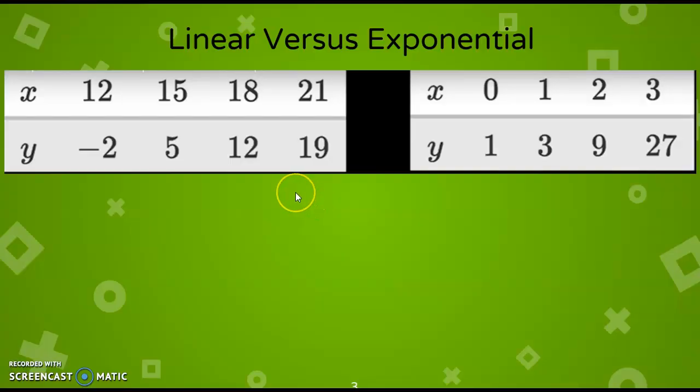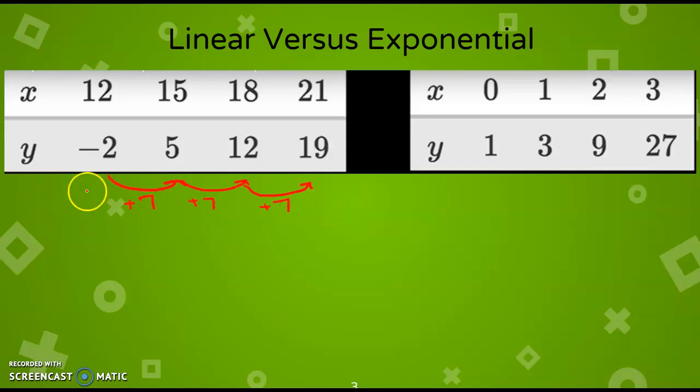So how can we tell the difference between a linear function and an exponential function? Well, we remember that a linear function changes by a constant rate. So we will notice, like in this chart, that the x's go up by 7, go up by 7 again, and then up by 7 again.